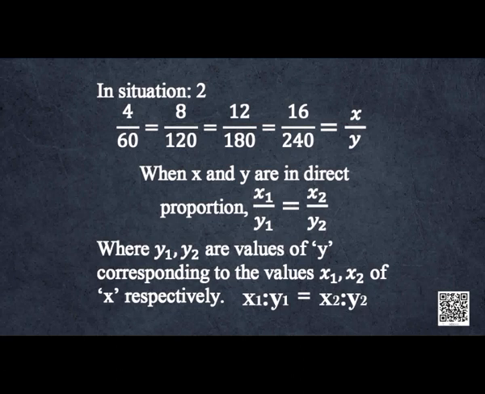We can say that when x and y are in direct proportion, x1 by y1 is equal to x2 by y2, where y1 and y2 are the values of y corresponding to the values x1 and x2 of x respectively. This can also be written as x1 is to y1 is equal to x2 is to y2.